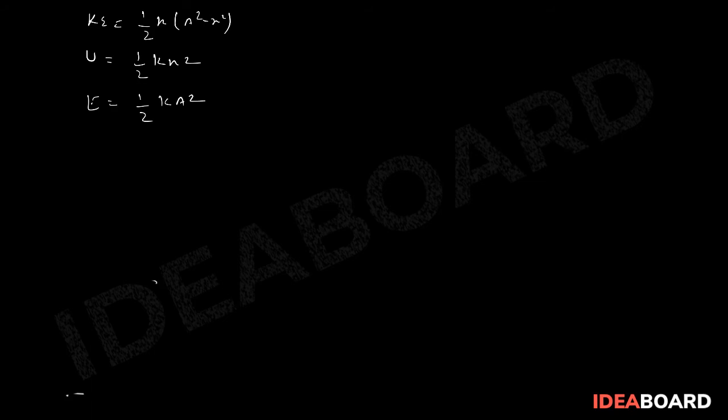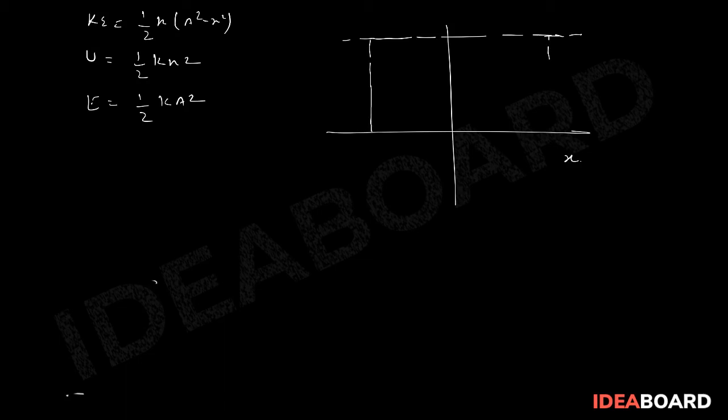If I draw the graph of kinetic energy and potential energy with respect to x, obviously total energy will be constant. Suppose this is x equal to positive a and this is x equal to minus a, and we had the particle at x equal to 0.